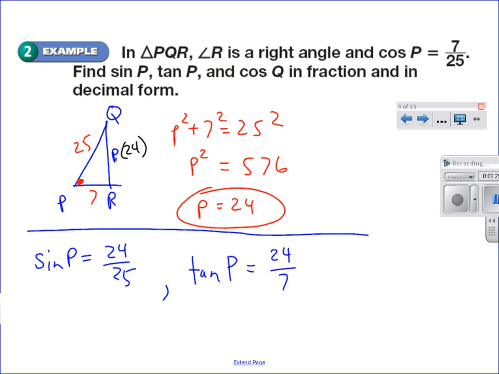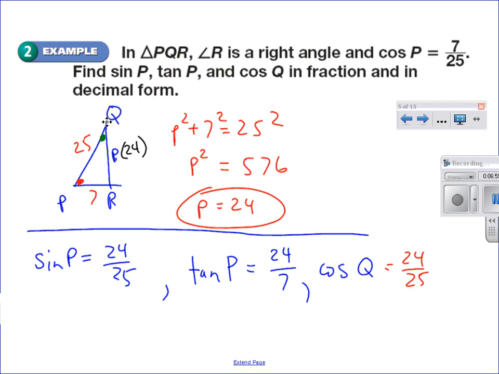And lastly, cosine Q. For Q, I'm going to go up to angle Q, and from that green angle, the adjacent is now 24, the hypotenuse is still 25. So the cosine of Q is 24 over 25. I'm not going to bother putting that into decimal form. You just leave that in fraction form, and I'll be more than happy with that.